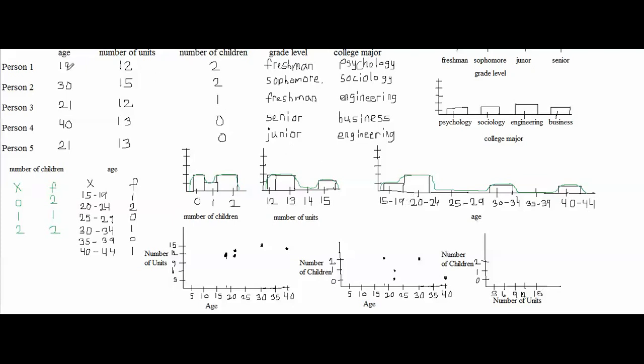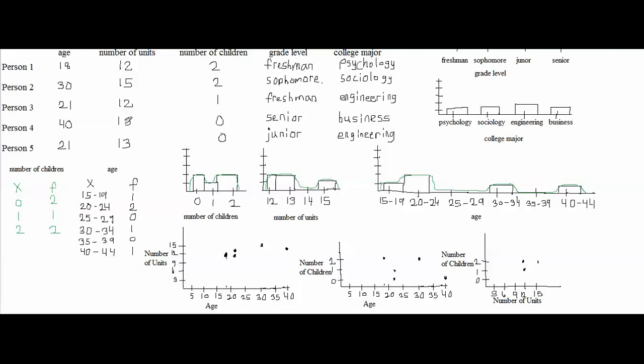So person 1 has 12 units and 2 children, which would make their dot right here. Person 2 has 15 units and 2 children. They would be right here. Person 3 is taking 12 units and has 1 child. They would be right here.